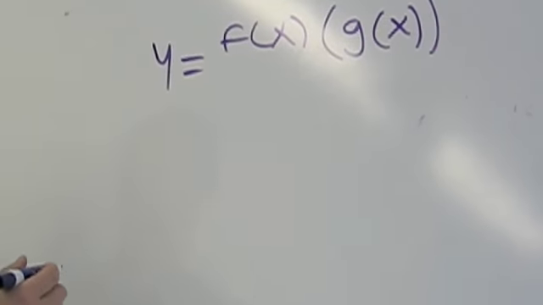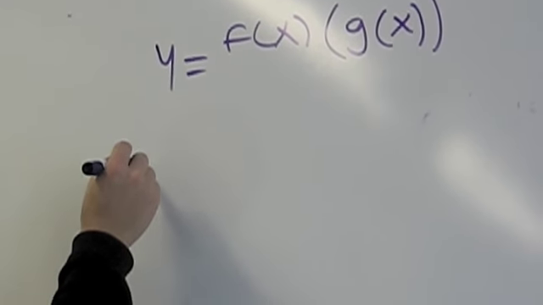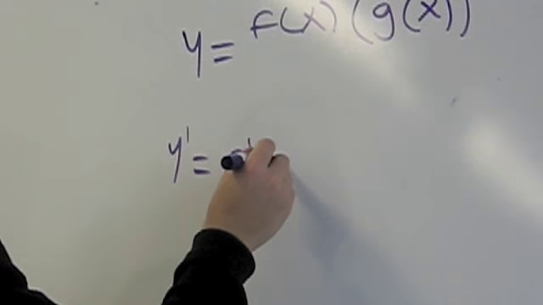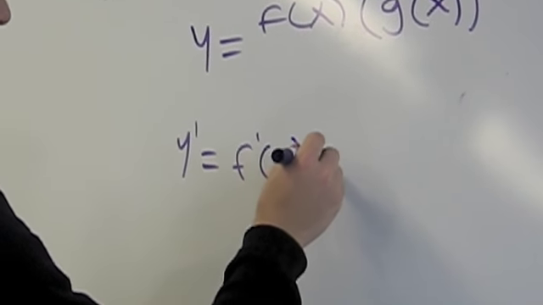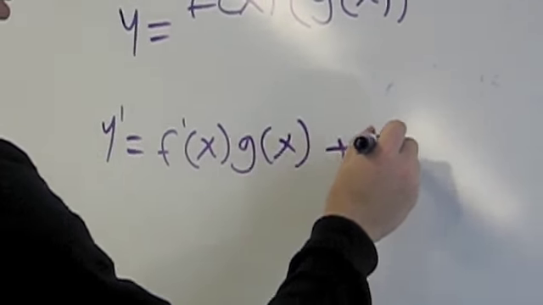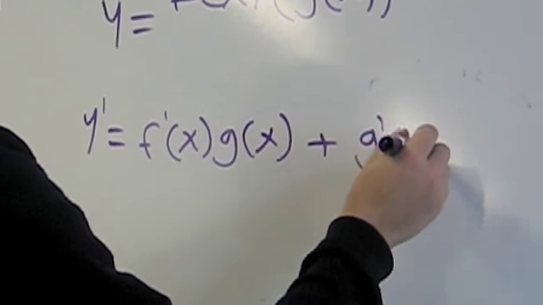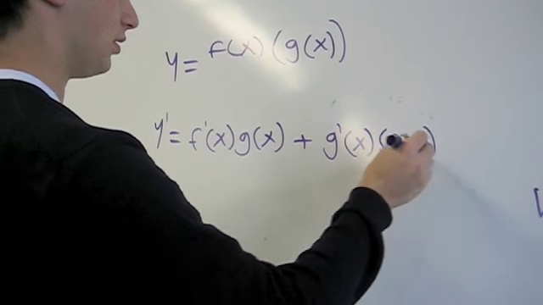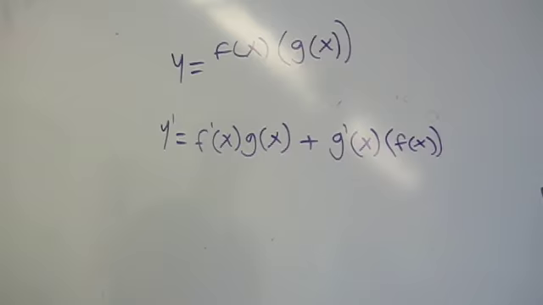So the derivative of this using the product rule would be y prime equals f prime of x times g of x, plus g prime of x times f of x. So that's the actual formula.